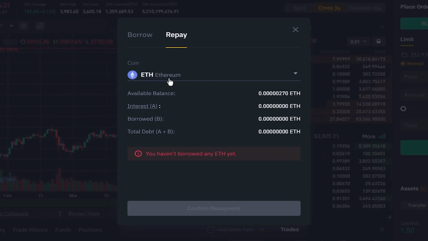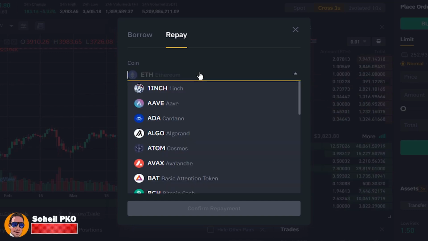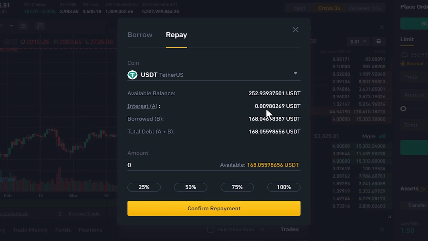ETH is already selected and it says you haven't borrowed ETH yet. We borrowed USDT, so here we search USDT, clicking on this. And here, as you can see, it shows we borrowed 168 USDT and the interest is 0.0098. And the sum of these two equals 168.055, which we must pay.